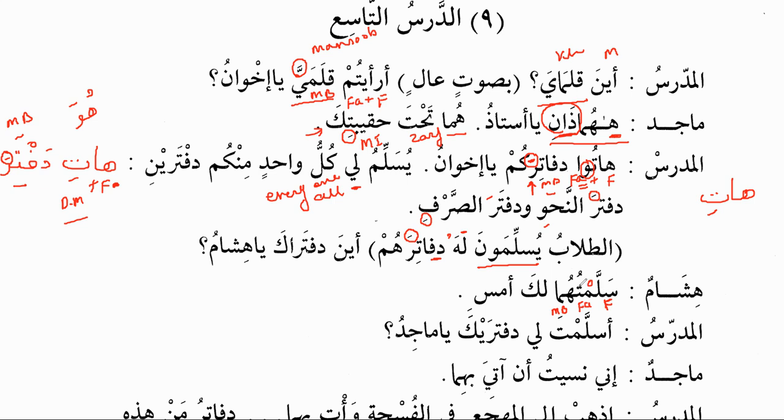Sallam, the fail. Tu is the damir, means I gave it to you. It's the past tense. I gave it to you, both of them. Huma is referring to the two books. Laka, to you. Ams, yesterday. This is the zarf, yesterday.